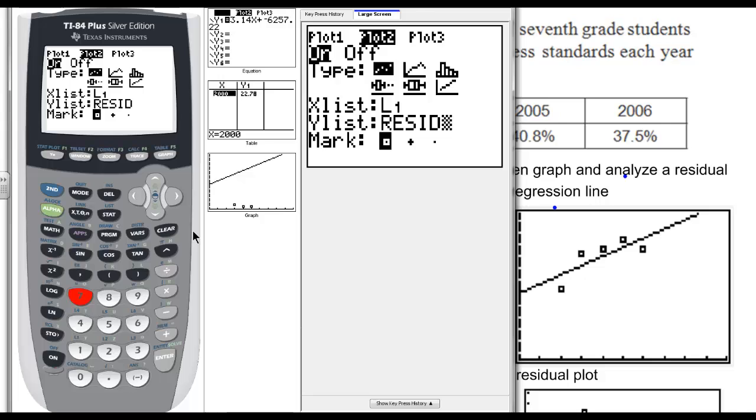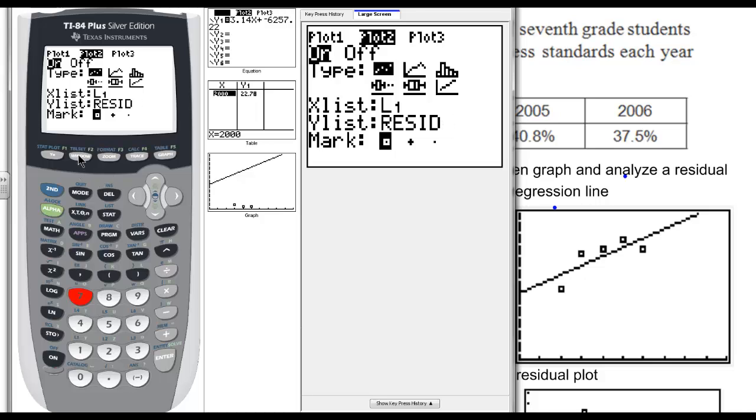So what we're going to do now is, since we've already calculated our regression line, the calculator stored that in its memory, and in the Y list, it's going to calculate all the differences between that regression line and the data points, and then plot that. So now we're going to see how far away from the data line those points are.